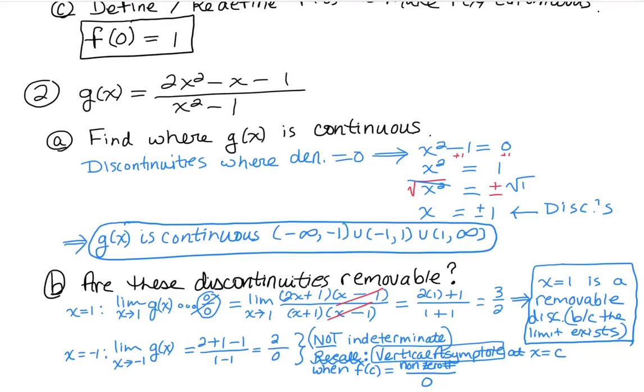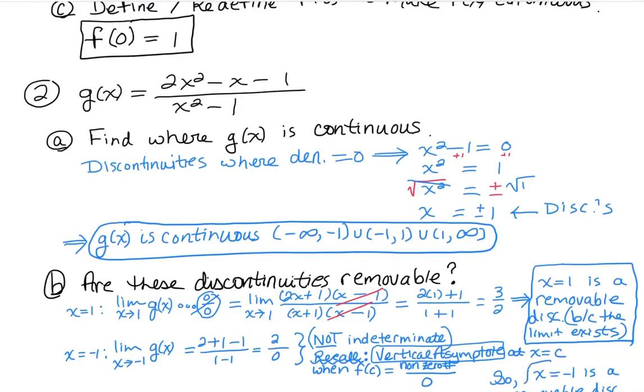So this fact is going to tell us that x equals negative 1 is a non-removable discontinuity because x equals negative 1 is a vertical asymptote.